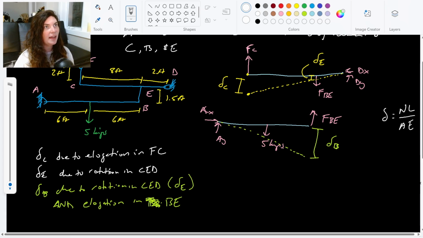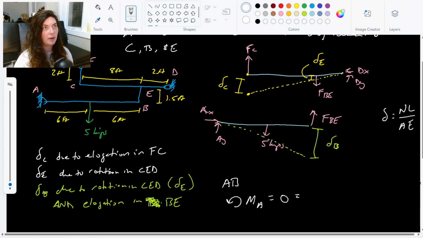So I'm going to go ahead and look at my bottom rod here. So if I look at rod AB and use statics to solve for the forces here, I'm just going to take a moment about A, because I really don't care about the reactions at A. Really what I want is FBE to get the force through that rod and FC to get the force through that rod, since both of those are what's causing elongation.